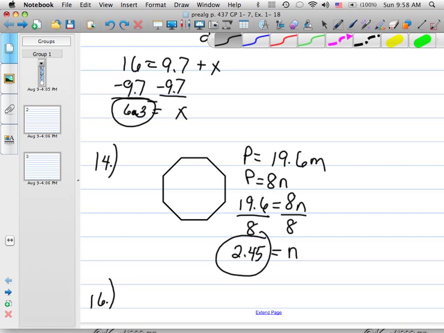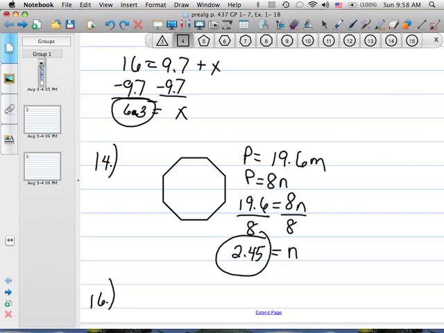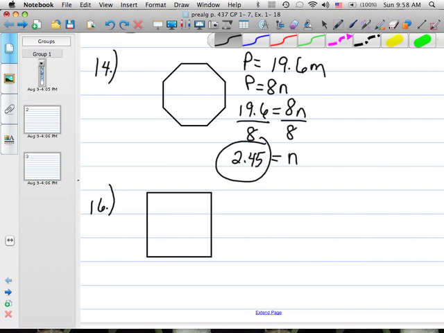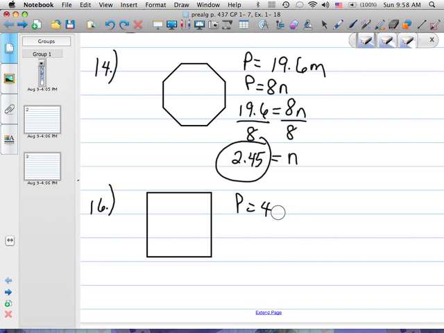And number 16, what is the length of one side of a square with a perimeter of 14 feet? So I have a square, and it has a perimeter of 14 feet. Remember the formula for the perimeter of a square is 4s.